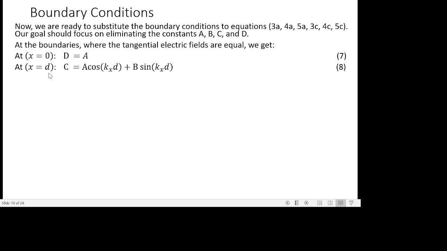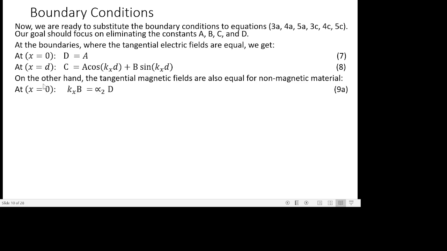At x equal to d, we end up with this expression for d, because the cosine of this term and the sine of this term are both zero. So now we are going to apply the boundary conditions by substituting a equals d.